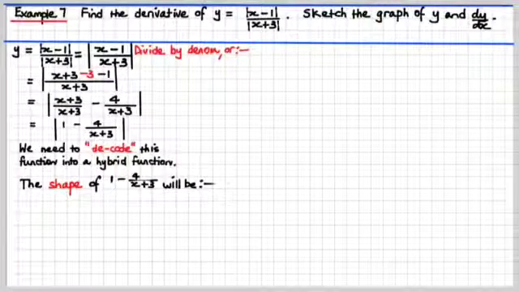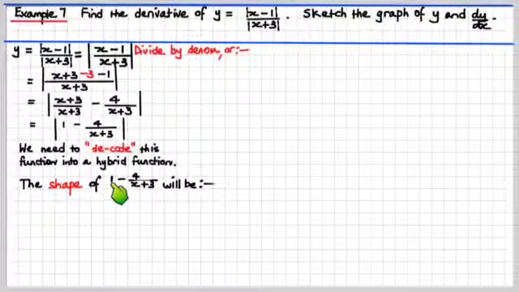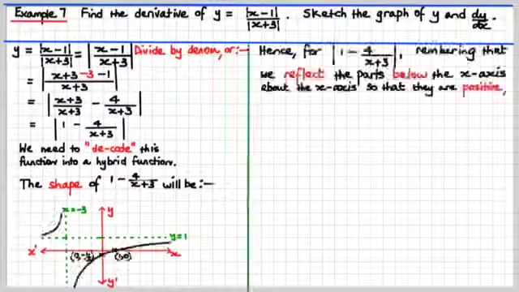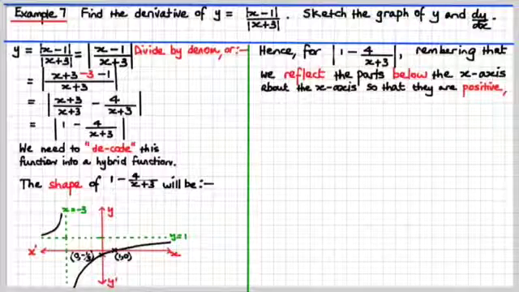Now, if we think about this graph here, we do know what it looks like, and that's just a vertical translation of 1 unit up. So it's going to look like this once you analyse it. There are the asymptotes, and there is the actual graph, once you work out your x and your y intercepts. Yes, there's an x minus 3, there's a y plus 1. I think you agree, don't you?